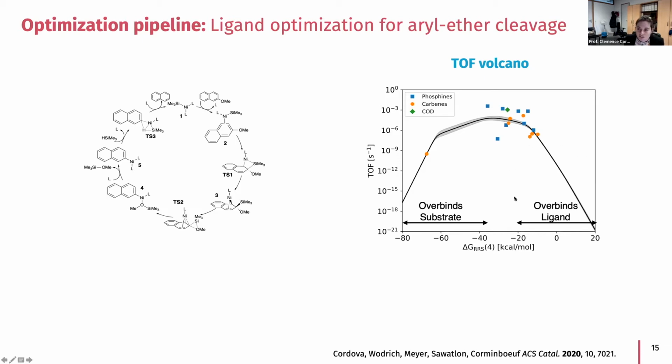Here, on the right-hand side, you usually overbind, if I can say, the ligand, meaning that the intermediates with 2 ligands, like intermediate 1 and intermediate 5, will be strongly favored, while on the left-hand side, it's more the intermediates that contain only 1 ligand that are favored, namely intermediate 3, intermediate 4, and intermediate 2. So you have a competition between 2, 3, 4 on one side and 1 and 5 on the other side.